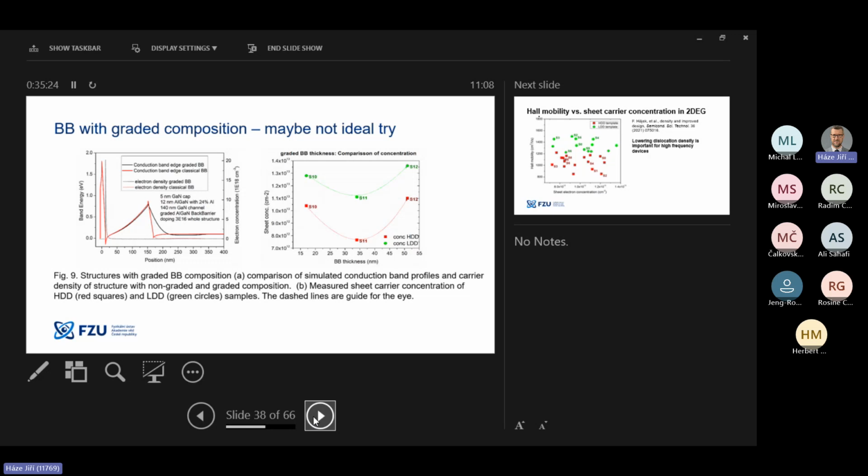Before, we also tried a graded AlGaN back barrier, but the results were not perfect. We don't know exactly why the graded barrier didn't work, because there shouldn't be any two-dimensional gas under it, but probably it was somehow leaky for electrons.